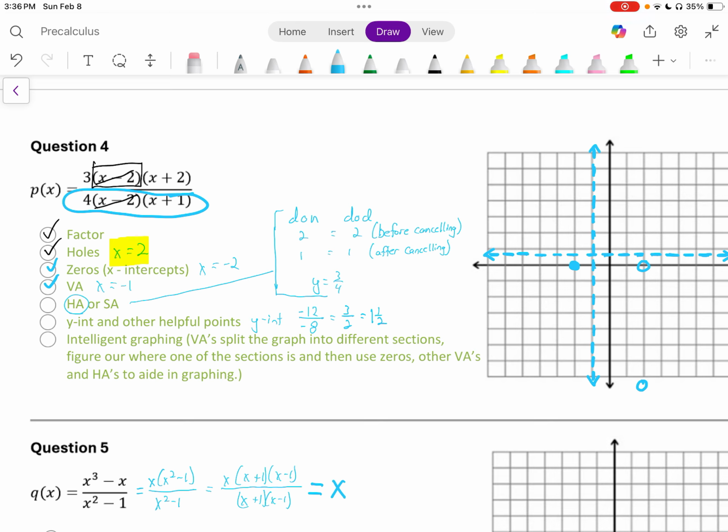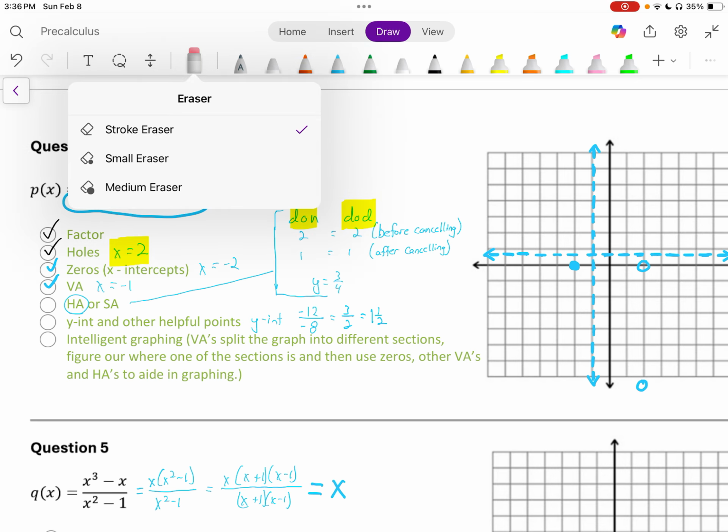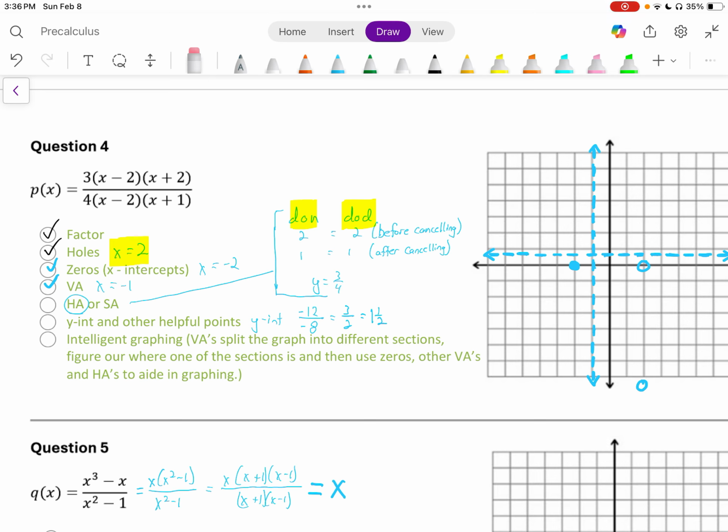Horizontal or slant asymptote, we have to look at the degree of the numerator compared to the degree of the denominator. Looking at the degree of the numerator, we have a 1 and a 1, so that's an x squared. And the degree of the denominator, same idea, it's also x squared. So they're equal to each other.